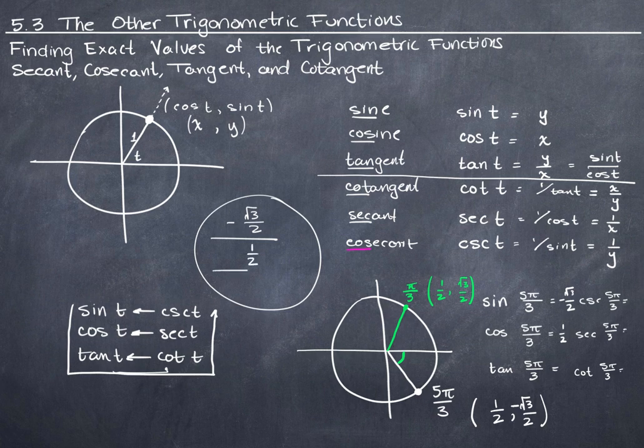That's divided by 1/2, so times 2 over 1, which gives me negative the square root of 3. So the tangent is negative the square root of 3.